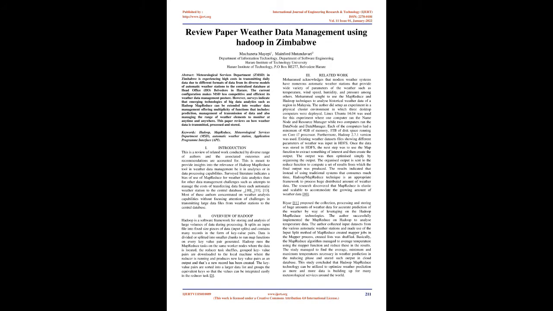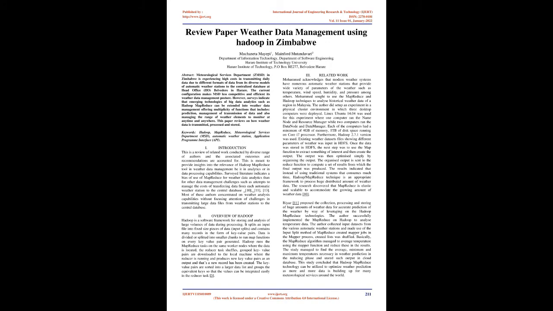Linux Ubuntu 14.04 was used, where one computer ran the name node and resource manager while 2 computers ran the data node and node manager. Each of the computers had a minimum of 4 GB of memory and 1 TB of disk space, running on a Core i7 processor. Furthermore, Hadoop 2.7.1 was used.